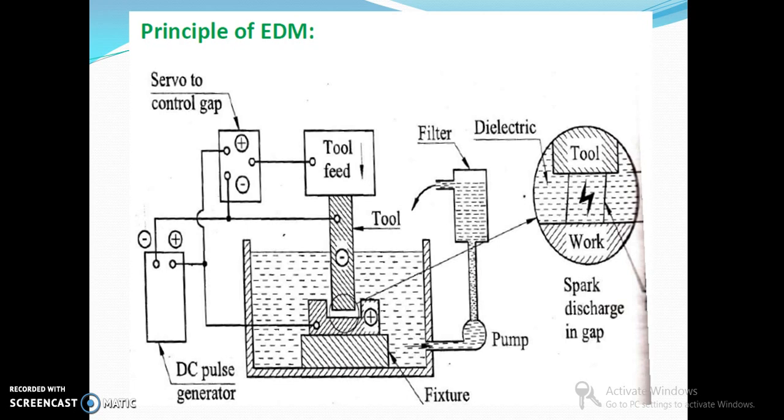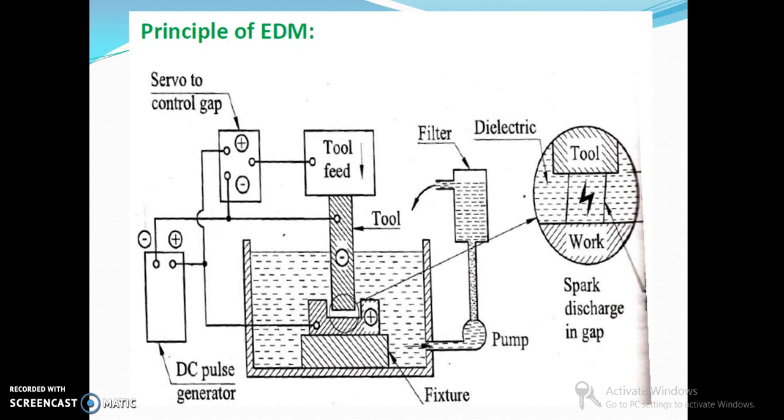In this process, the tool is connected to the cathode, meaning the negative terminal, and the workpiece is connected to the positive terminal, called the anode. The terminals are connected to a DC power supply to create a potential difference between work and tool.